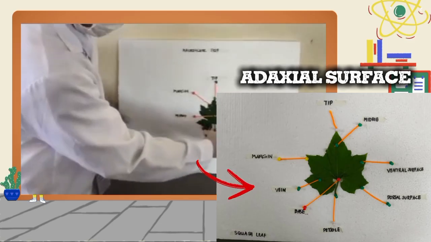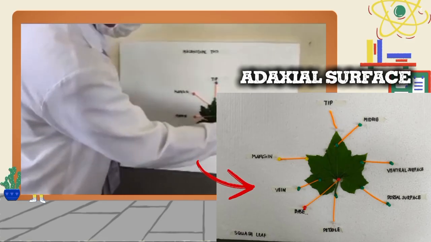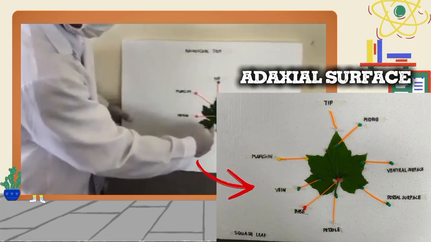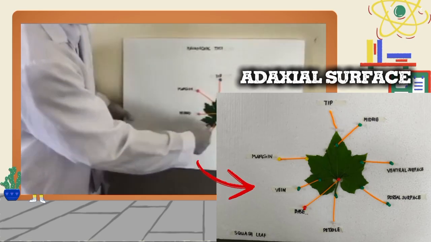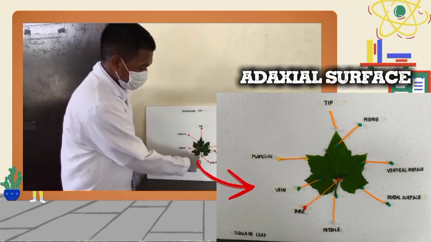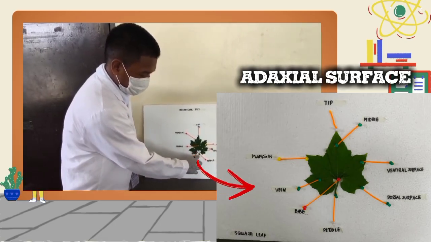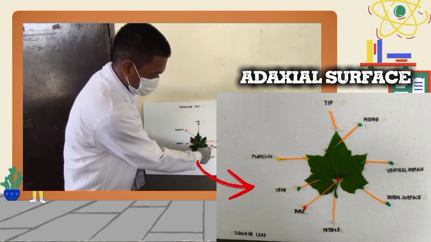And next we have the vein. And these two are called the leaf base, the left side of the specimen. This one, the bottom part of the specimen, is called the petiole. And these two are called the venules.